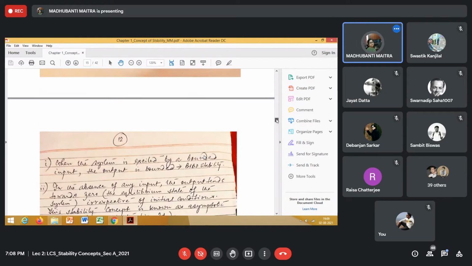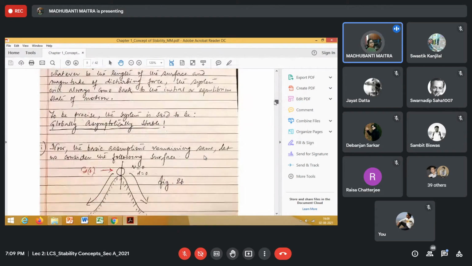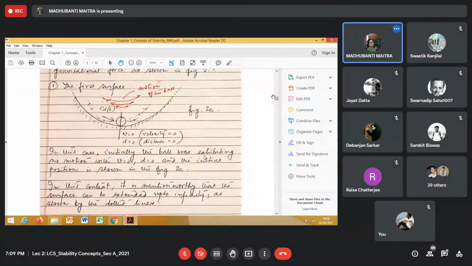Let's get back to that particular figure, that particular example. So already we know that this is a stable system. Suppose there is no disturbing force. We have not applied any disturbing force. Only we have changed the initial position of the ball. Can you follow the cursor? Yes, ma'am. So instead of placing the ball at this particular point, which we have discussed is the equilibrium point, because if you don't disturb the ball while resting at this point, the ball will remain at this point forever.